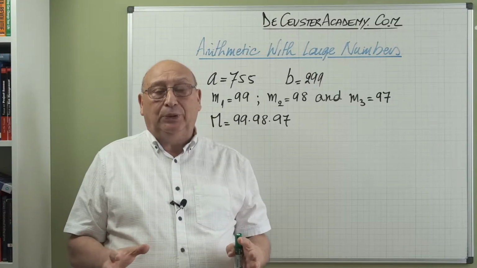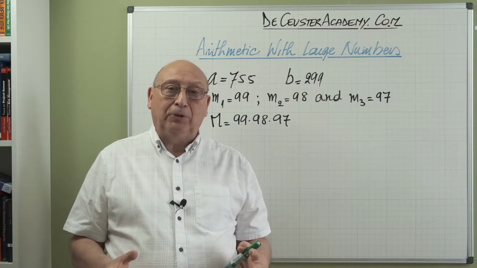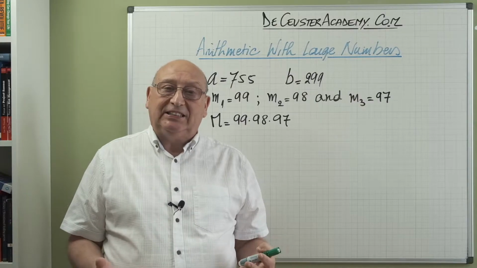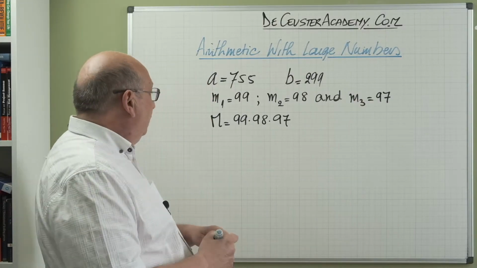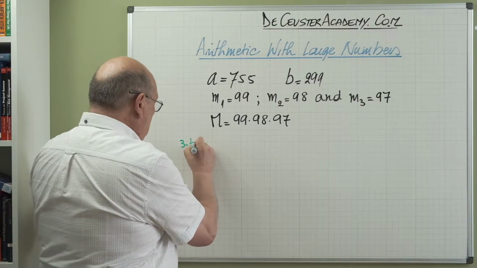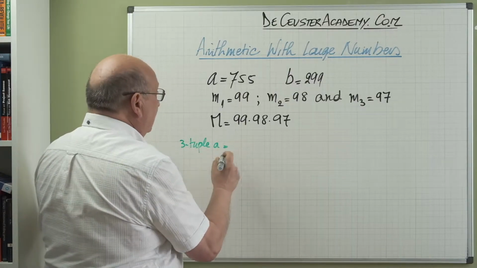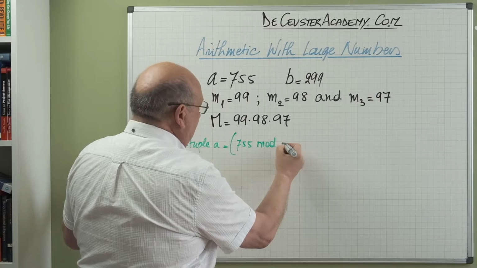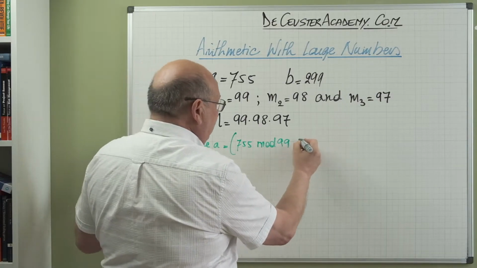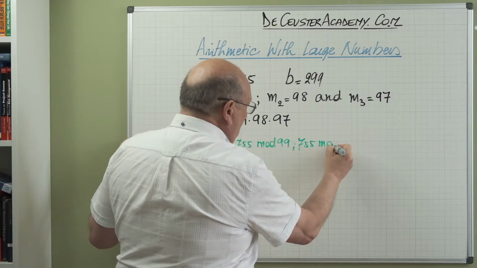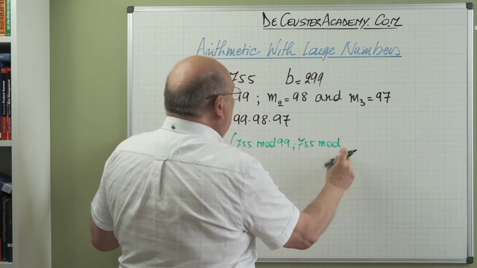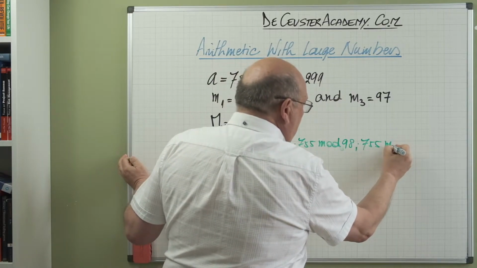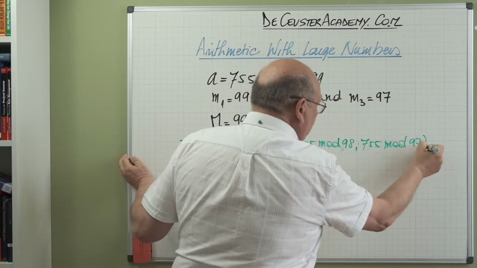But let's first start with finding the n-tuples, the n-tuples for A and B. In this case, n is 3, so basically we have the three-tuples. The first three-tuple for A is 755 modulus 99, then 755 modulus 98, and 755 modulus 97.